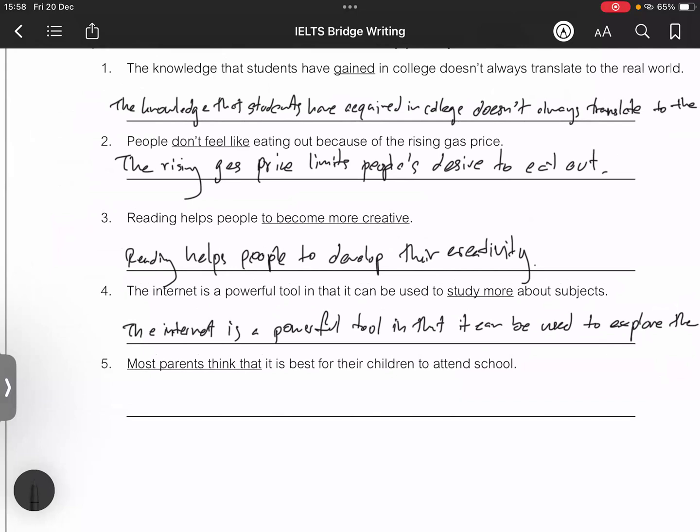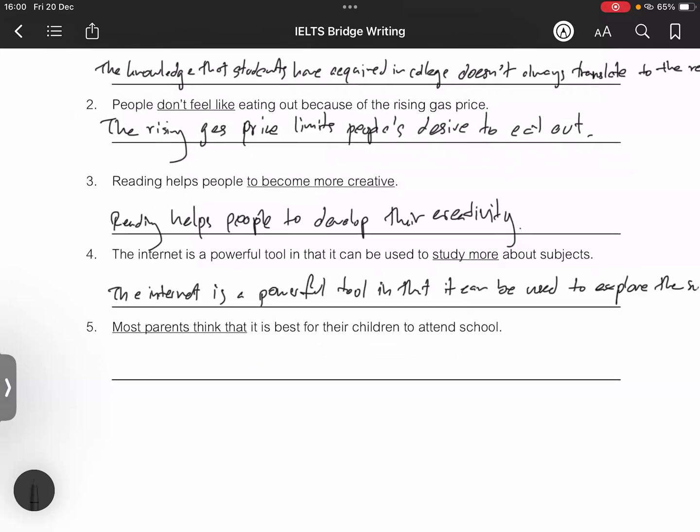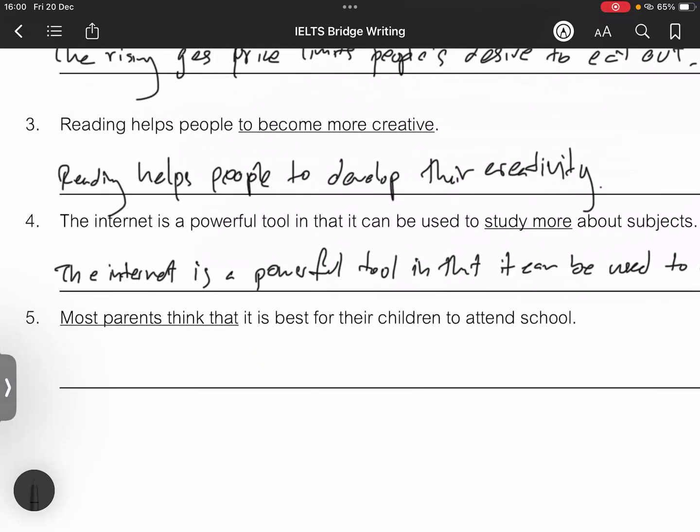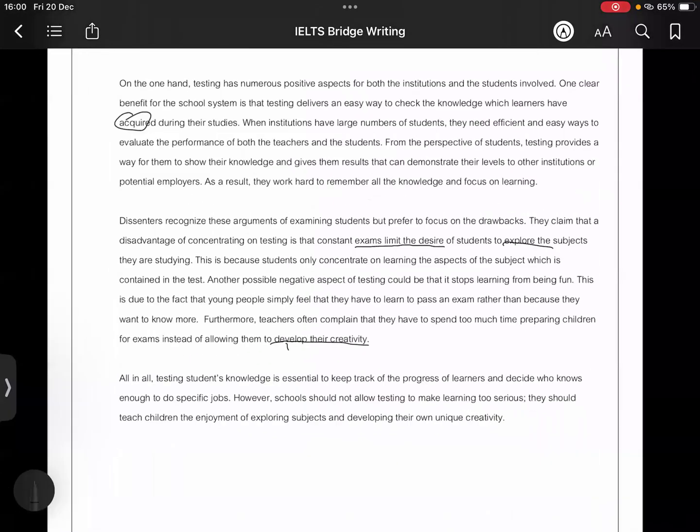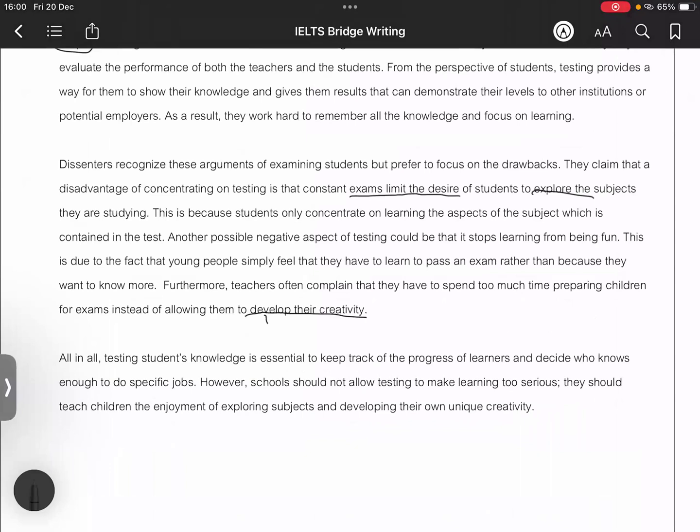All right, last one. Most parents think that it is best for their children to attend school. Most parents think that it is best for their children to attend school. So what we can use here is, I think the word is perspective.